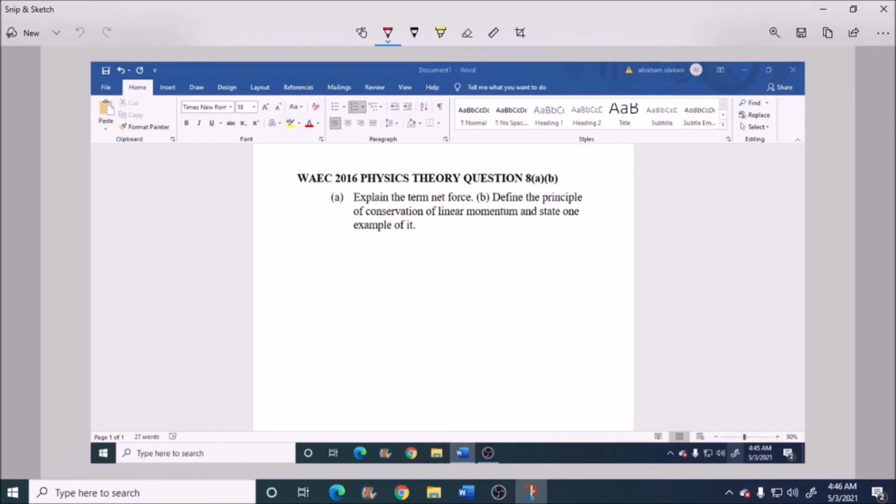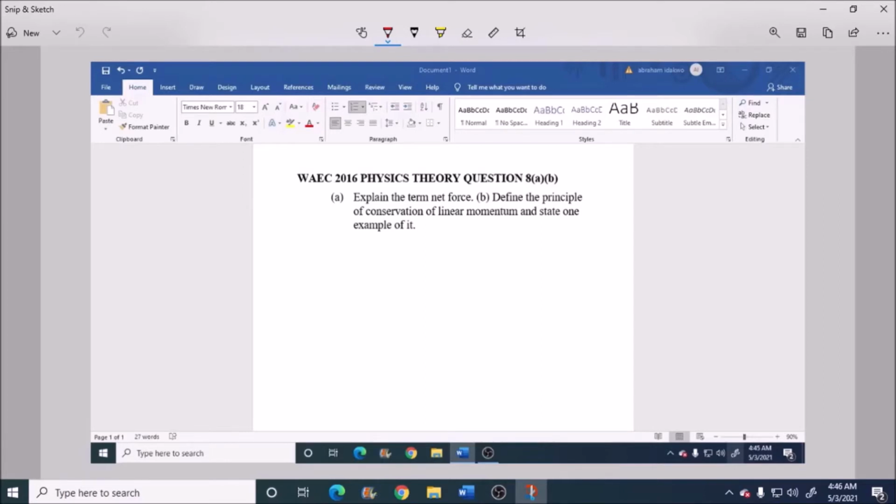Okay, now the second part of the question says to define the principle of conservation of linear momentum and state one example of it.